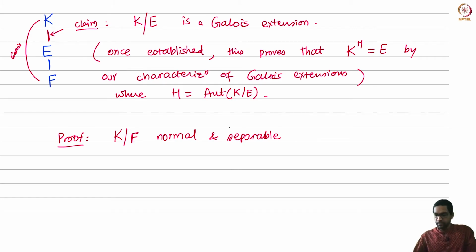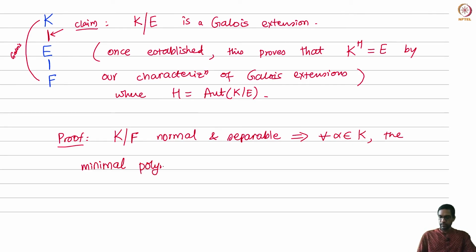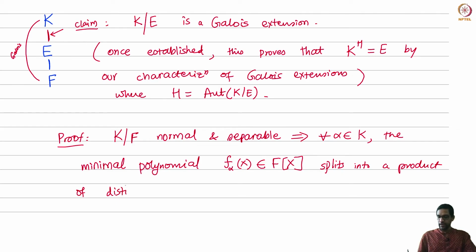If you look back on the same characterization that we proved, it means that for every element alpha of K, the minimal polynomial, let me call it f_alpha of X, with coefficients in F[X], splits into a product of distinct linear factors over K.